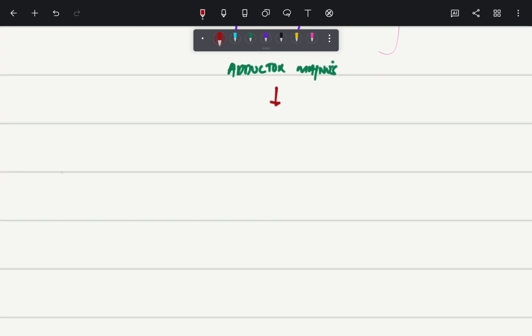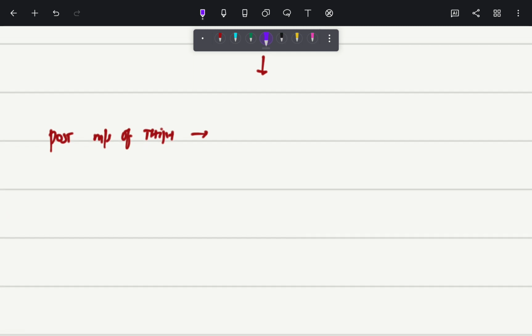So I am going to include it in the posterior muscles of the thigh. In the posterior muscles of the thigh, what were the main muscles?